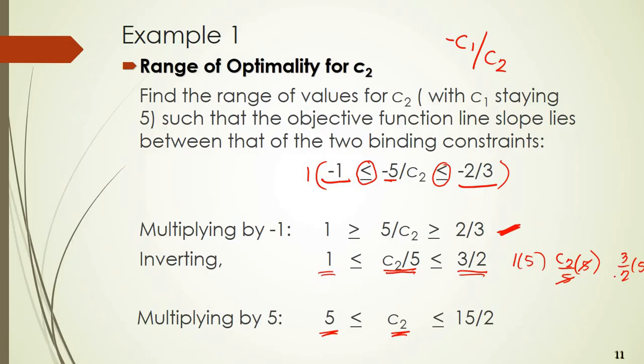And 3 times 5 would be 15 all over 2. So our range of optimality for C₂ is 5 is less than or equal to C₂, and C₂ is also less than or equal to 15 over 2, or simply 7.5.